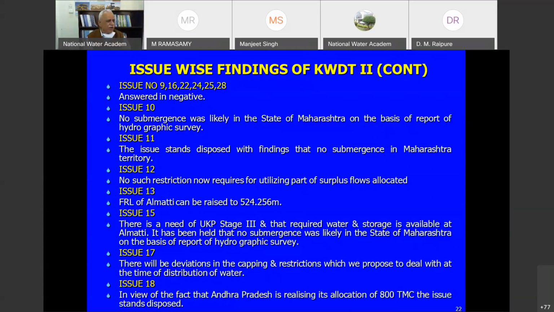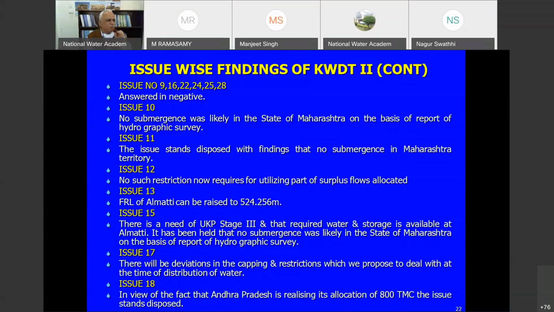Therefore, this honorable tribunal directed the party states to appoint an independent agency, and what is the siltation rate actually experienced till about 2009, since the construction of Almatti reservoir, should be worked out by this agency. And the agency has submitted a report. Considering that report and backwater calculations, the tribunal rejected Maharashtra's case and considered that Almatti, or for that matter Hippargi, will not cause any submergence.